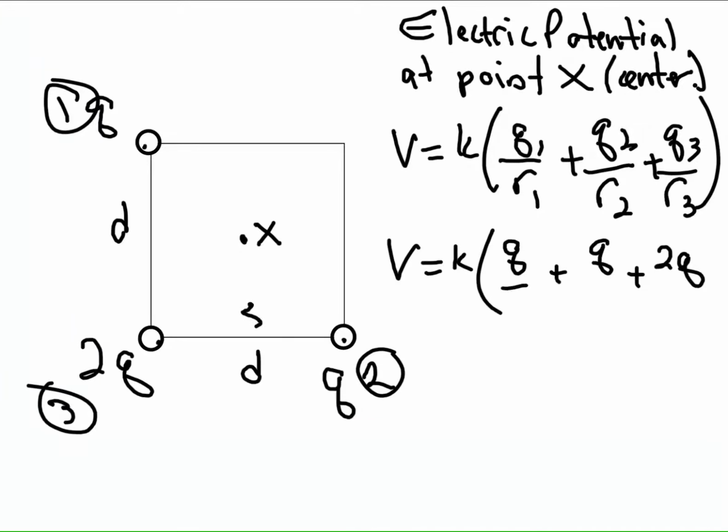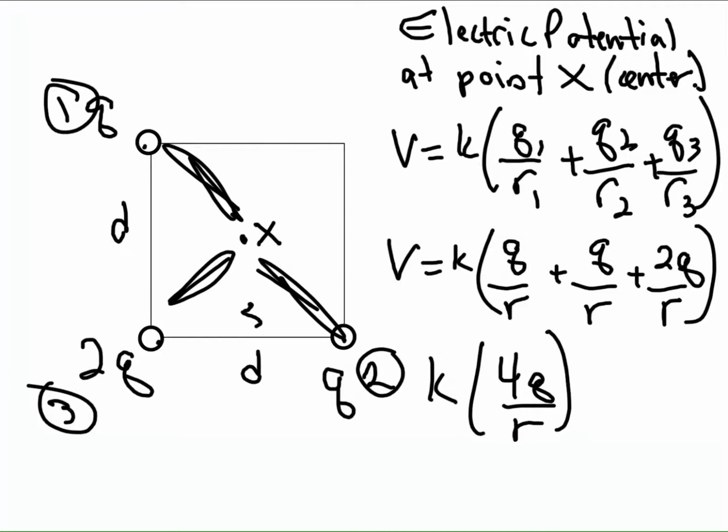Now, since we know the distance is the same, at least for now, I'm just going to write this as R and R and R, because that distance here, and that distance here, and that distance here are all the same distance. So, what do I end up with? I end up with K times 4Q over R. Right, Q plus 2Q plus Q. So 4KQ over R.